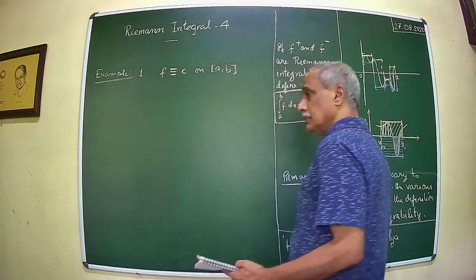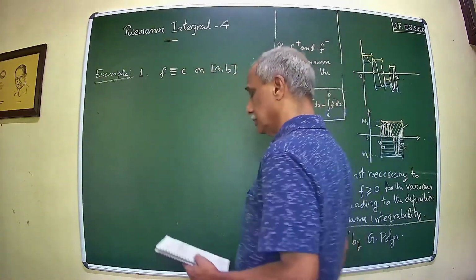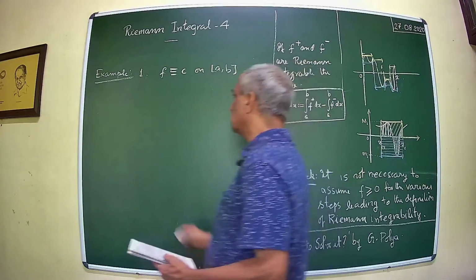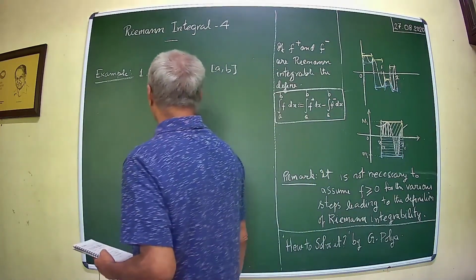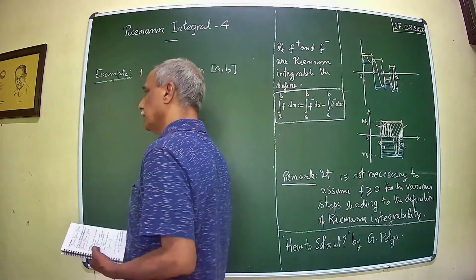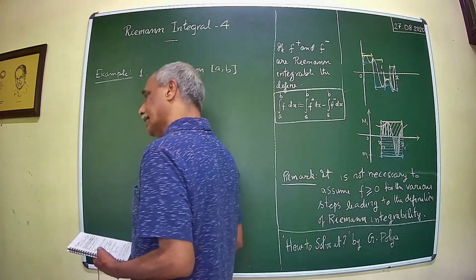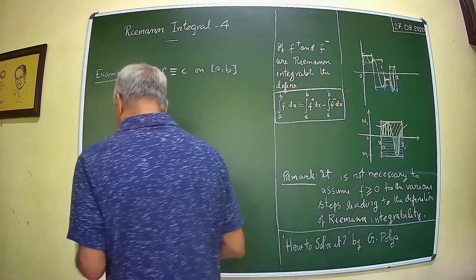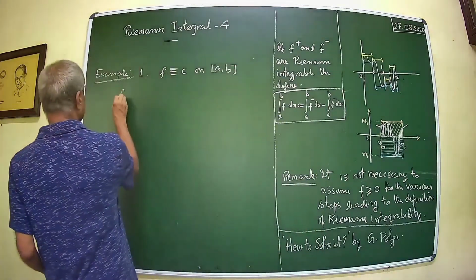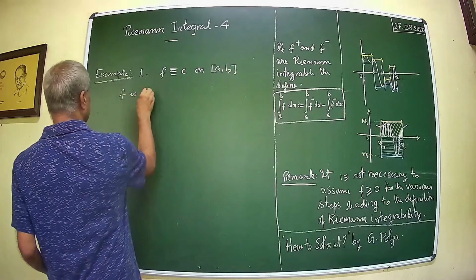So a constant function, it's a continuous function, it's a bounded function. And if c is positive, then it is a non-negative function. Otherwise, it is a negative function. In either case, one can prove that f is Riemann integrable.